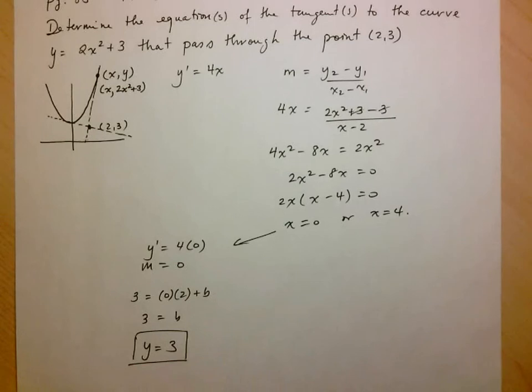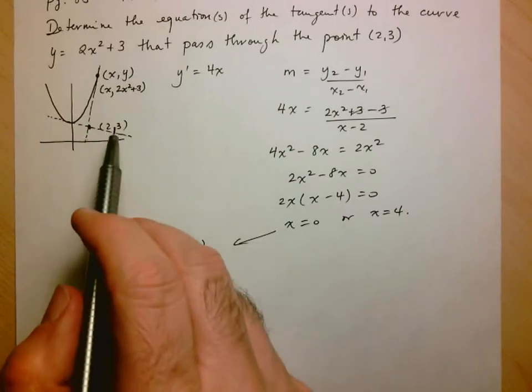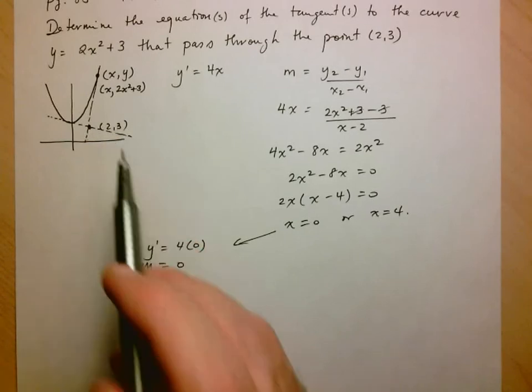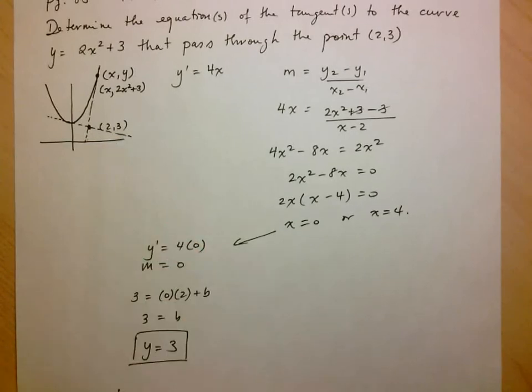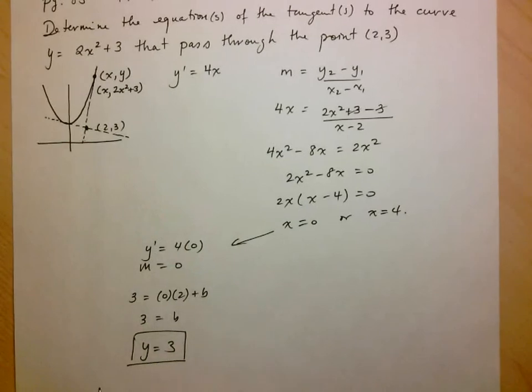So it's just a horizontal line. Okay. Now in principle, knowing that the slope was 0 and it passes through (2, 3), you certainly could just interpret that that's going to be the equation of the line. But just in case you don't see that, I'm just solving it out here.